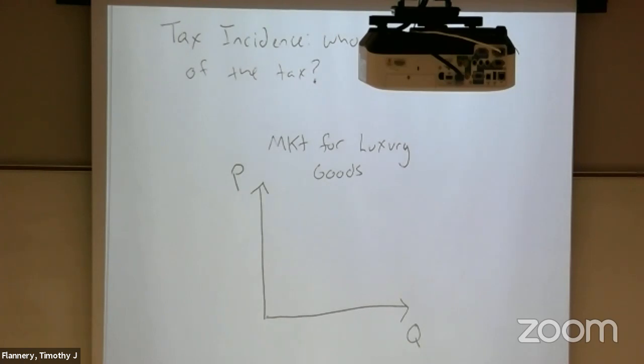Substitutes. Are there substitutes for luxury goods in the U.S.? Remember, they can't tax globally. So you can have a yacht in Florida, but can't you also have a yacht in Mexico? Yes, so there are substitutes.